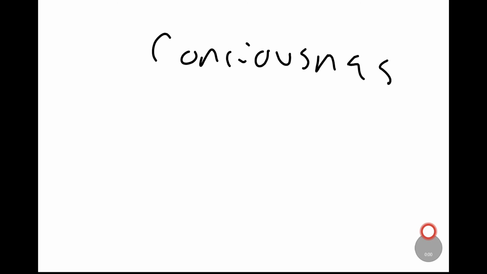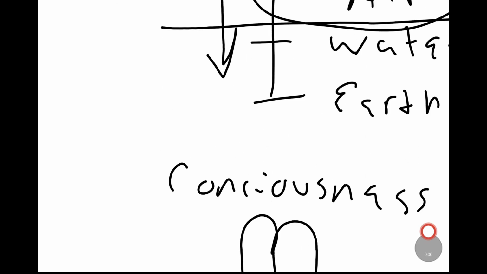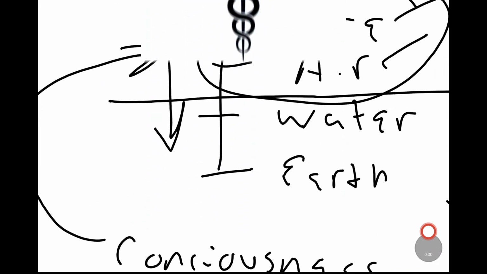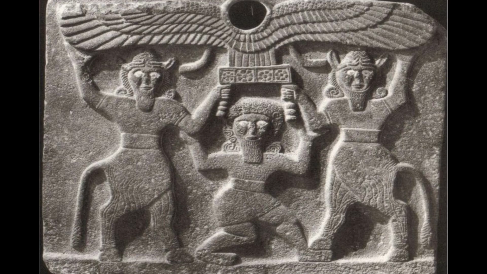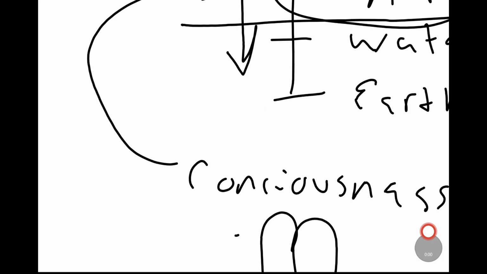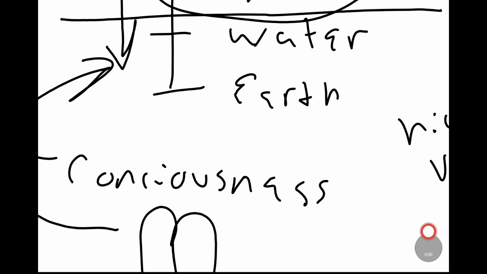And if you remember that everything in occult symbolism is about consciousness, for which the brain is the symbol. High consciousness equals air and fire. Low consciousness equals water and earth.